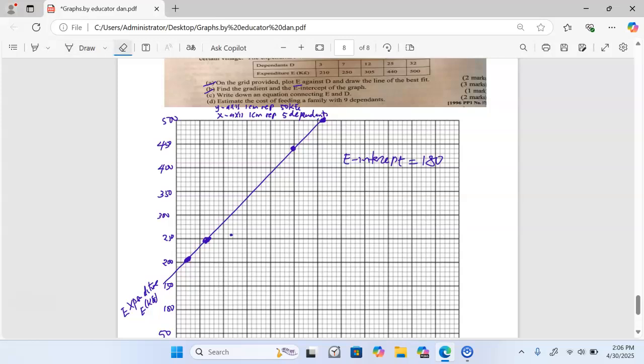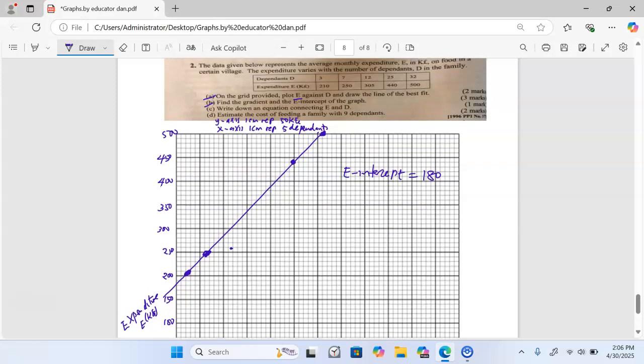For us to get the gradient, we can pick points from the table or simply pick any 2 points on the graph.